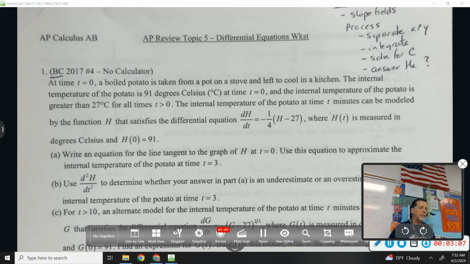This is one that when people came out of the test, they were talking about, oh my gosh, the potato problem was awful. And you're not supposed to say stuff on Twitter or social media after the test until they release it, which is only in a few days. But every year, you go on Twitter and you search for AP Calc or something like that, and students are making veiled references to the free response questions.